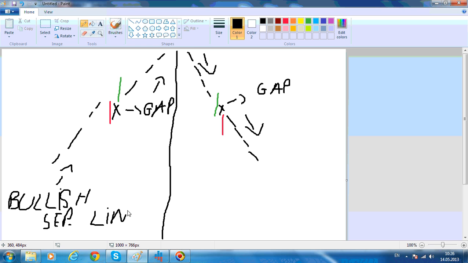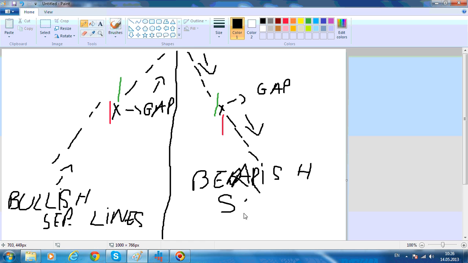And of course, on the right side we have a bearish separating line. So once again, continuation pattern.